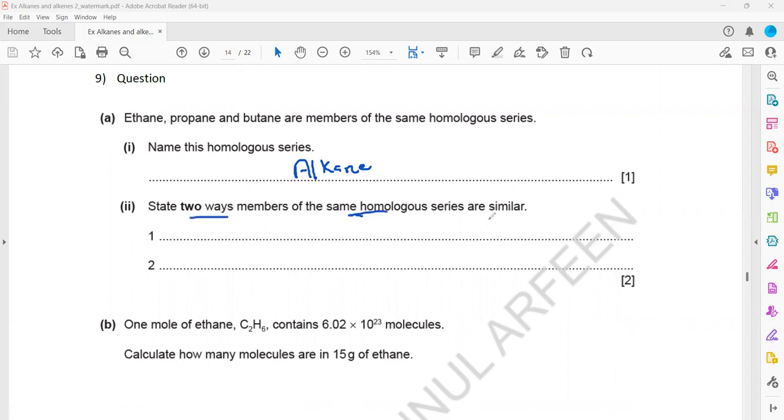Members of the same homologous series are similar. How are they similar? They have the same functional group, the same general formula, and the same chemical properties.